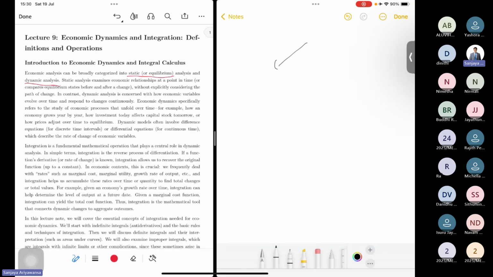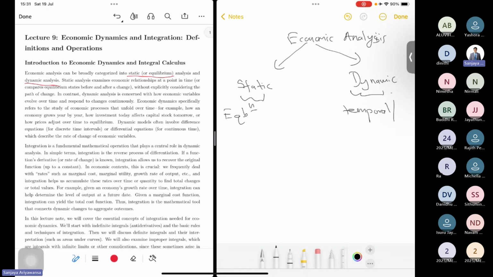So you have static and dynamic analysis when you consider economic analysis. Under static analysis, you would study your equilibrium models. And under dynamic analysis, this is where you would consider the temporal or time factor. Dynamic means it changes in accordance with time.